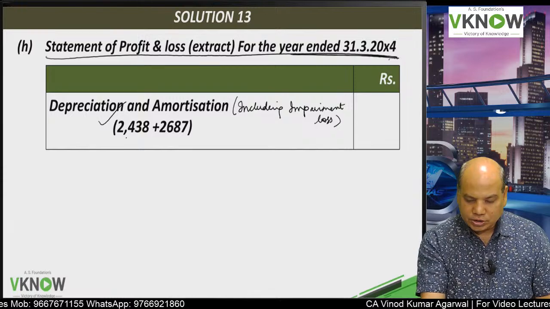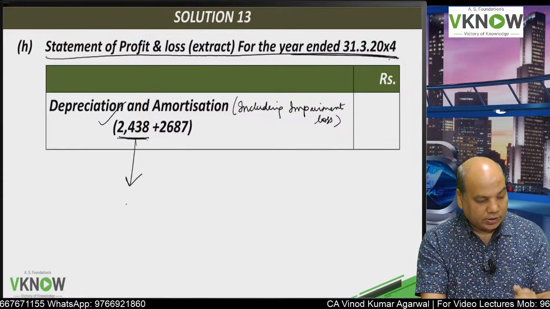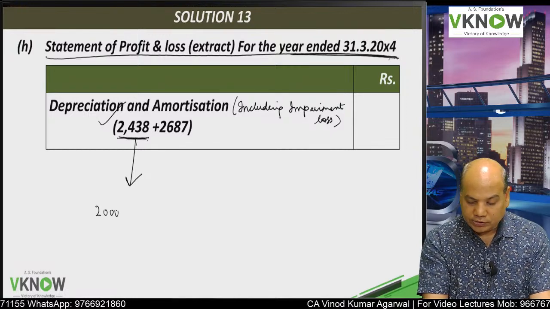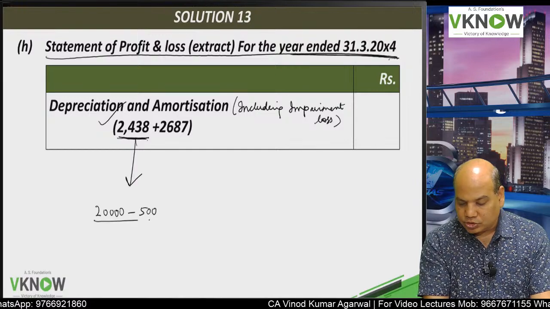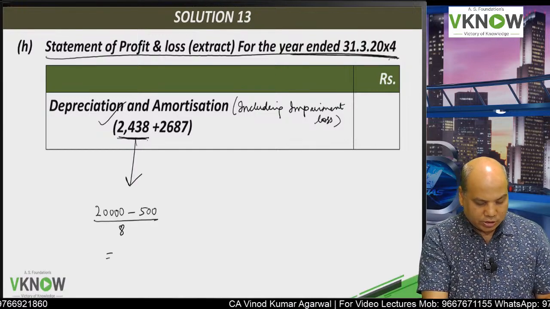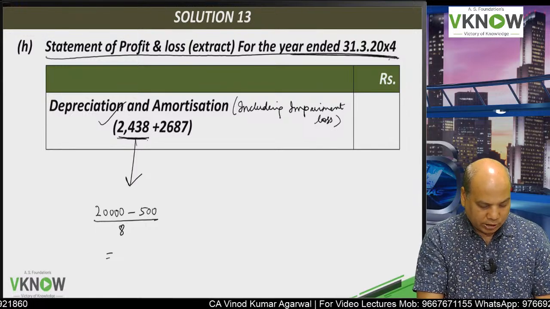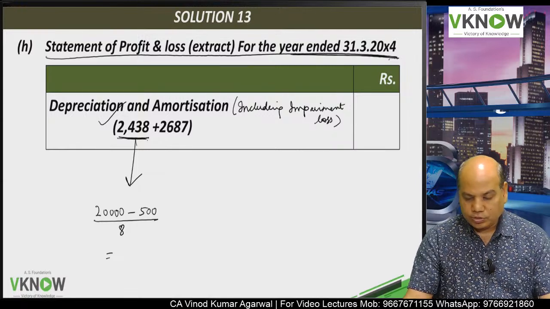So depreciation will be 2438. How this 2438 has come? If anybody interested in knowing, your annual depreciation charge is 20,000 minus 500 divided by 8. So that is 2438.